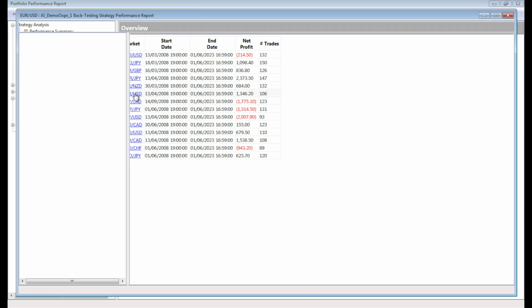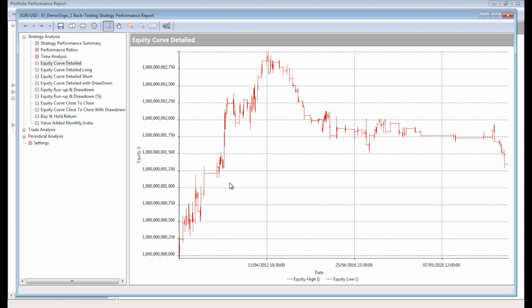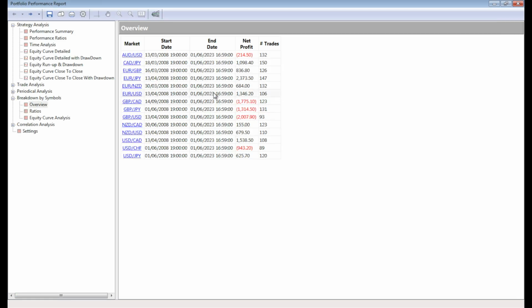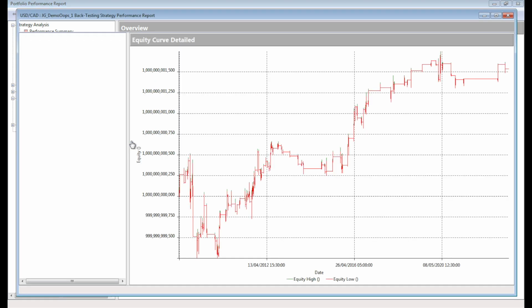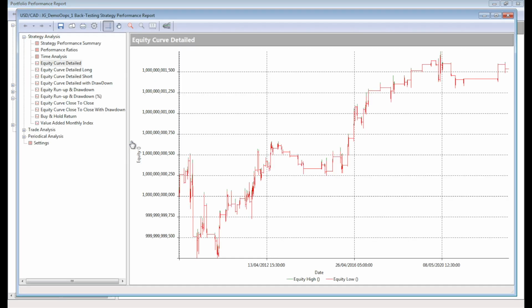Euro dollar again was working very well for a few years and then just gone sideways. Pound Canadian losing money, pound Japanese yen losing money, pound dollar losing money, New Zealand Canadian making a little bit, New Zealand US making a little bit, US dollar Canadian dollar with a better equity curve.